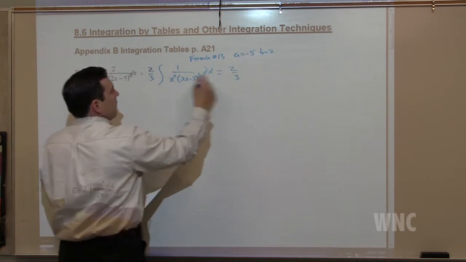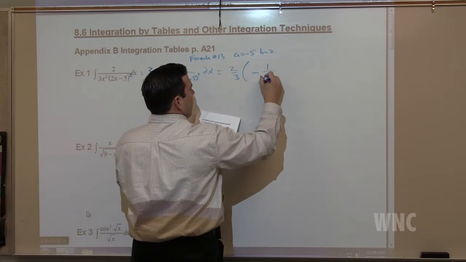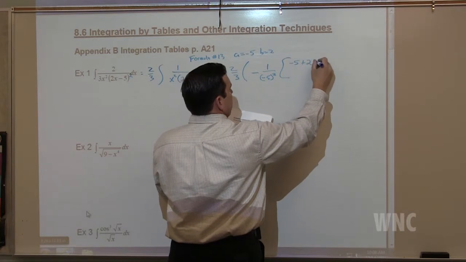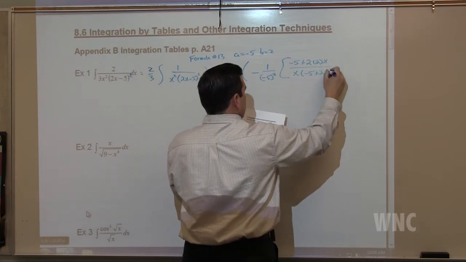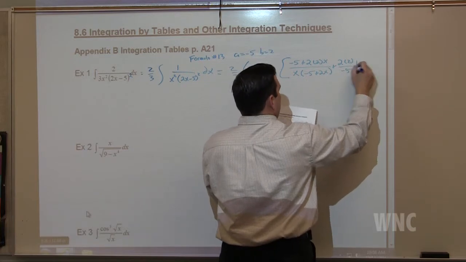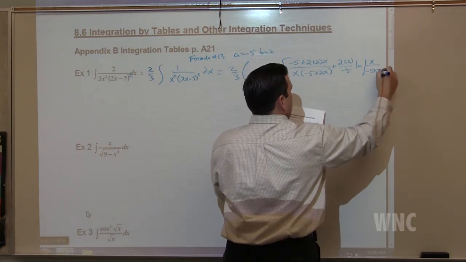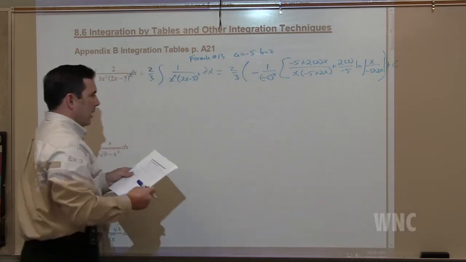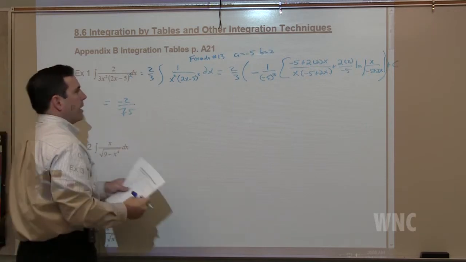We're going to have 2/3 from out front times the negative of 1 over negative 5 squared times negative 5 plus 2 times 2x over x times negative 5 plus 2x plus 2 times 2 over negative 5, natural log of the absolute value of x over negative 5 plus 2x plus c. If we want to clean that up a little bit, we'll end up with negative 2 over 75, by bringing this down.